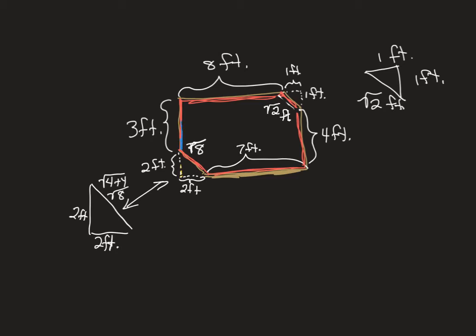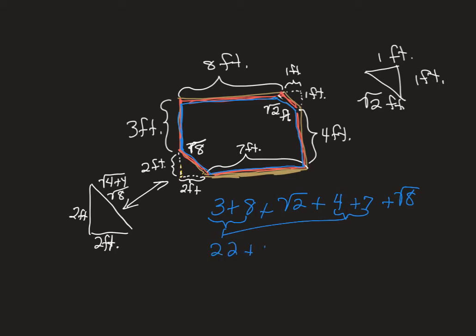Let's start over here at 3 plus 8 plus square root of 2 plus 4 plus 7 plus the square root of 8, which will give you, let's see, 11 plus 11, that gives you 22, plus the square root of 2, plus the square root of 8.